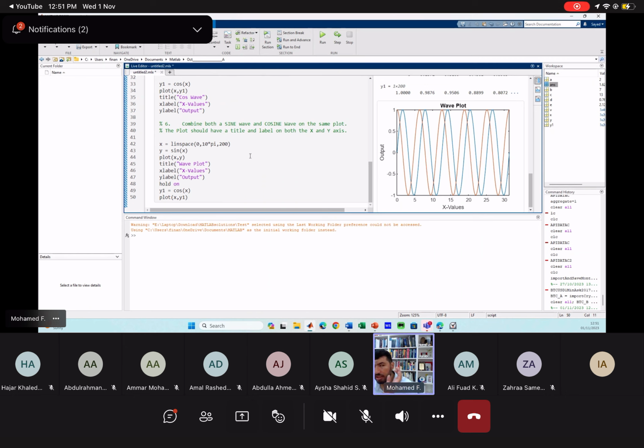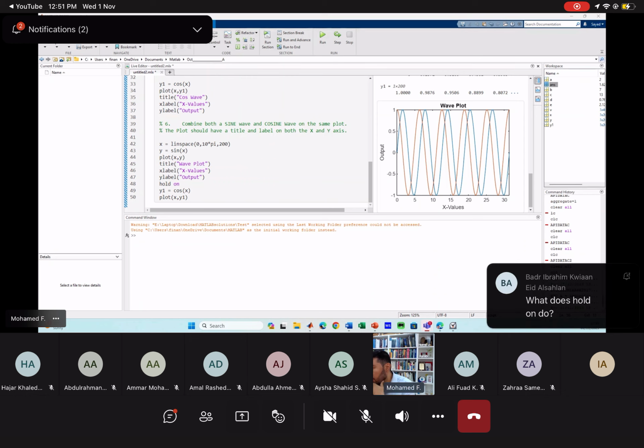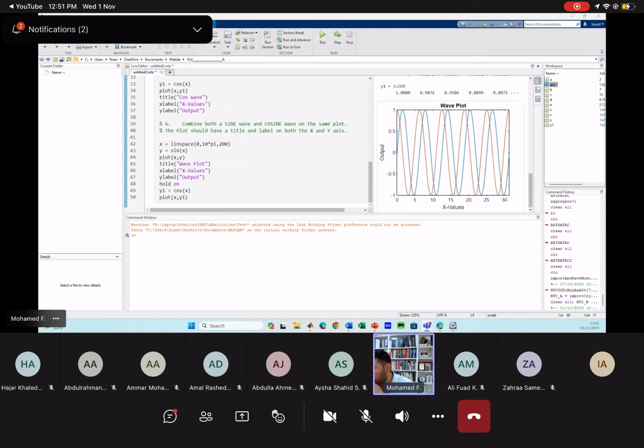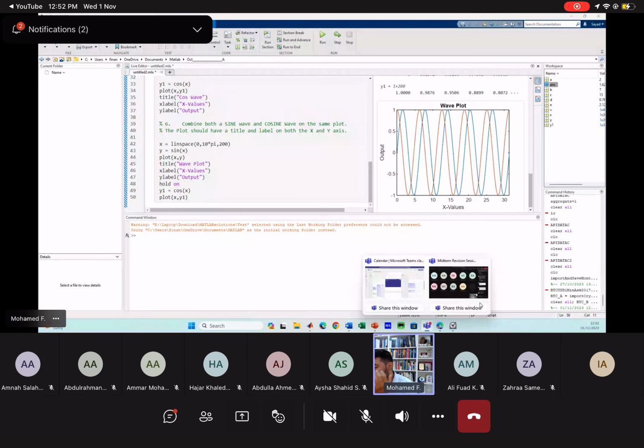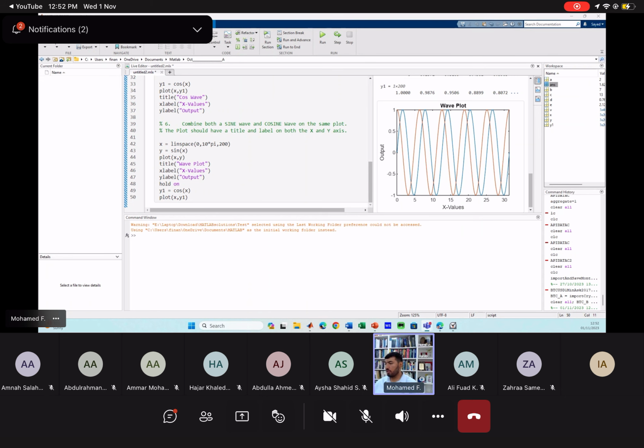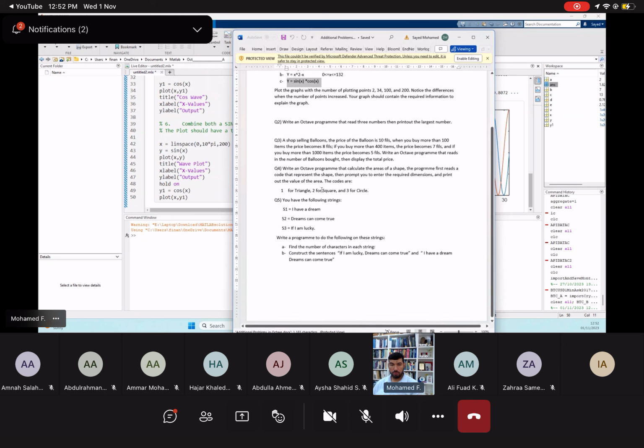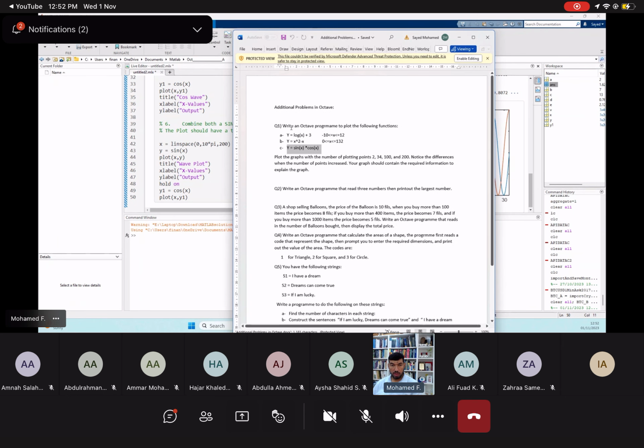Is there any difficulty in this question? Murtada has given us a question which looks the same as what we have done. We can answer it in many ways. So let's open that question. Murtada, this question, yes? Let's copy it.